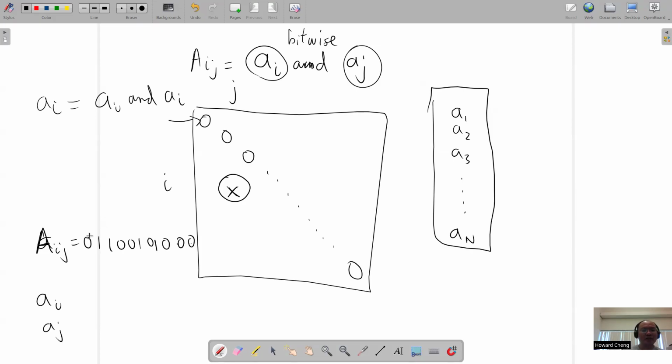Well, remember this is a bitwise AND of AI and AJ. So if it's zero, then I know nothing, because the only thing I know is that they cannot both be ones. They can both be zero. One of them can be one, the other can be zero. I don't know much more. But when I see a one, I know for sure that both of them are ones in those locations.